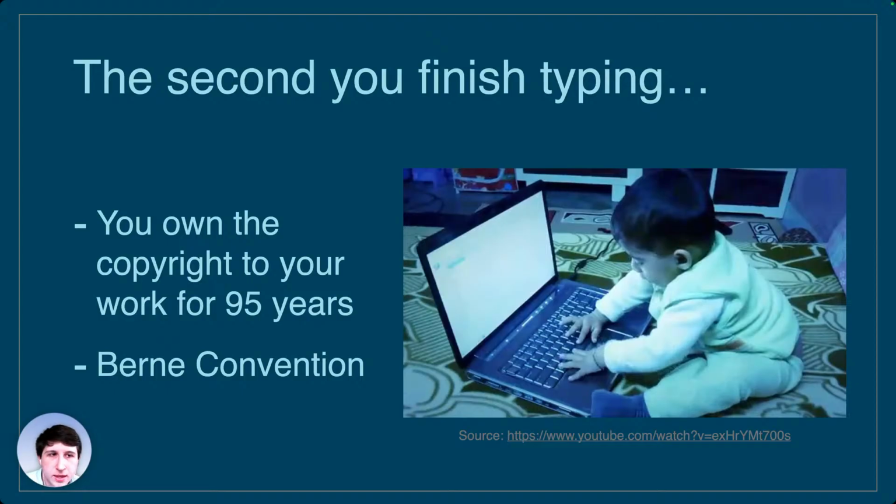That's true in most countries in the world which have signed on to what's called the Berne Convention. So when you finish writing a piece of software, you immediately and automatically have the copyright. Now, you can go a step further and submit it to the US government to have it officially registered, but you don't need to do that to obtain the copyright. You have the copyright immediately when you finish writing the software.